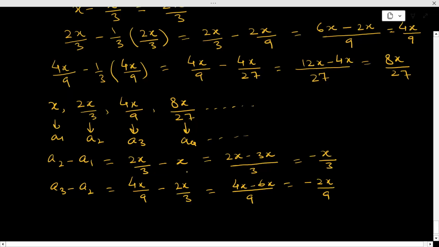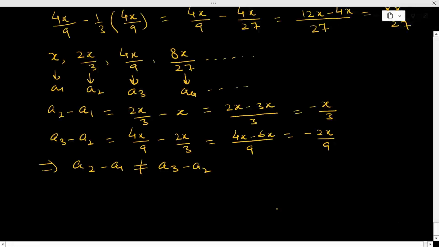So as you can see, A2 minus A1 is not the same as A3 minus A2, so we don't need to find further differences, because this evidence is enough to conclude that this is not an AP.